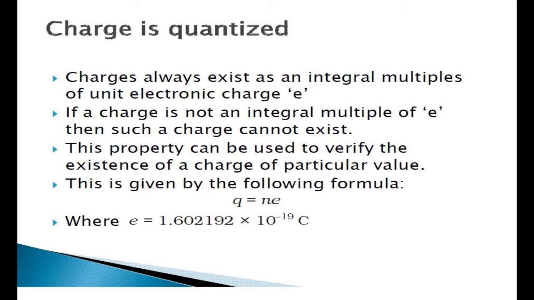If it is not an integral multiple of this basic electronic charge, then that kind of charge cannot exist. See, basically charges are nothing but electrons. Electrons are only causing these charges. So if 3 electrons go away, that much electronic charge is going to be induced on the body which receives it, and positivity is going to be on the body which loses it. So it is always going to be n times the value of e, and that n should be an integer, it should not be any other value.